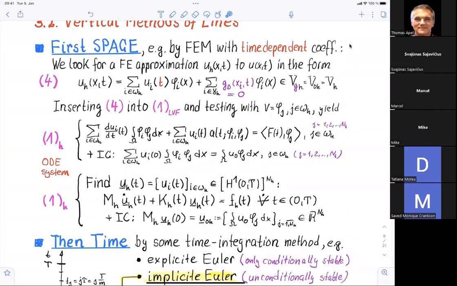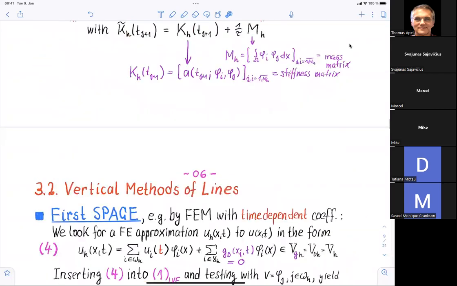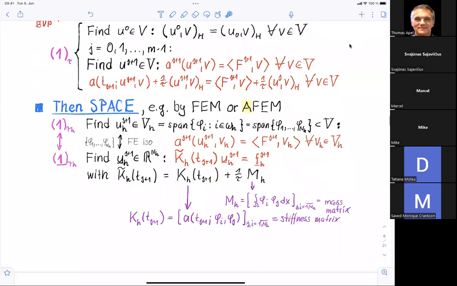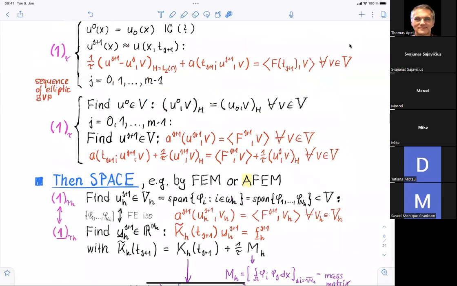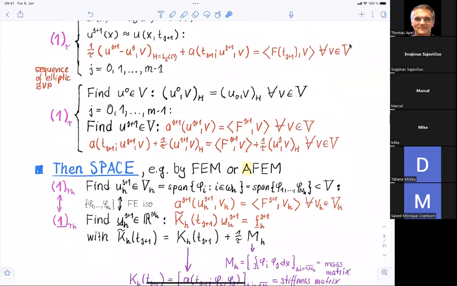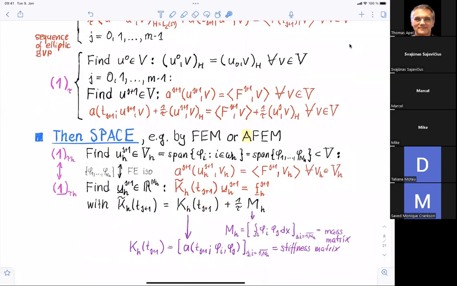If you use the previous approach, you can easily do an adaptive method. So people invented the discontinuous Galerkin methods in time, where you can change the discretization.